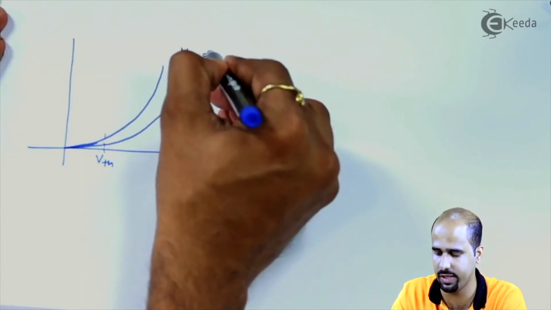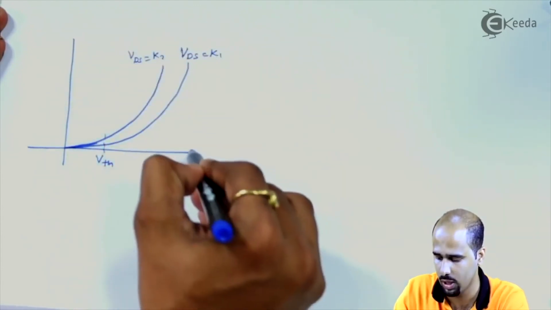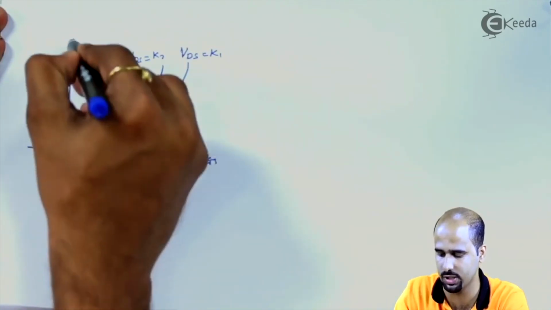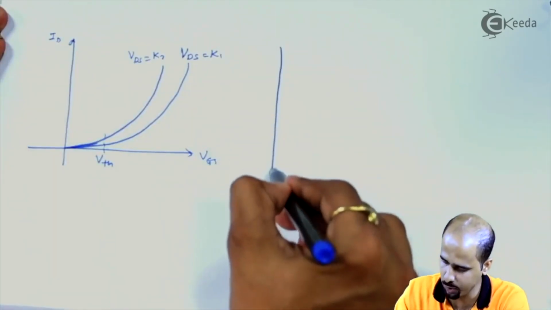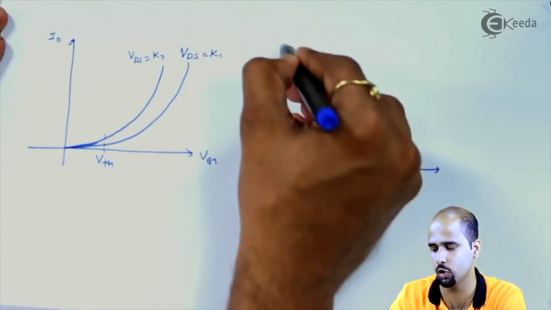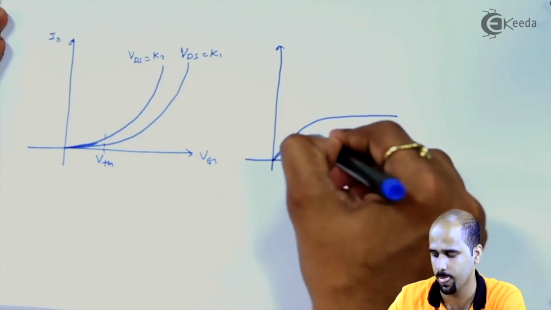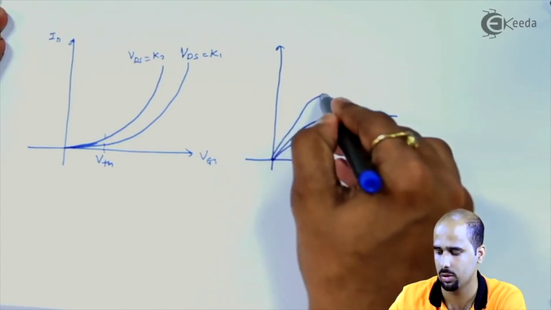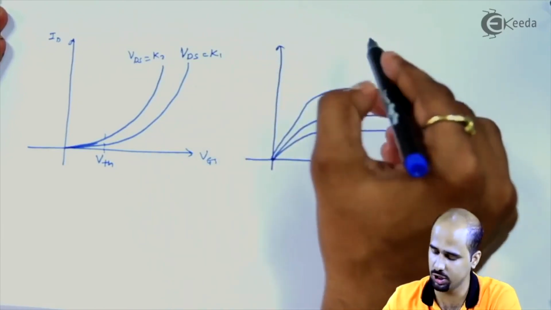This is for VDS equal to K1, this is for VDS equal to K2, this is your VGS, and this is your ID. As far as output characteristics are concerned, we have to keep the value of VGS constant. Now we will learn the particular regions of operation.